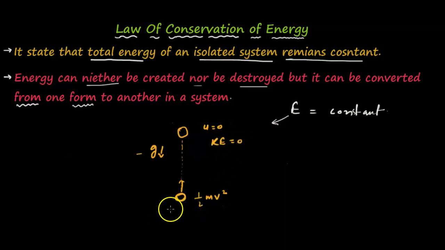Now you have seen that here there was some kinetic energy, but here no kinetic energy. So is this law wrong? No, this is correct. It's saying that we are not creating or destroying. What we have done is use our energy to throw the ball up, and the ball got energy which is half mv square.